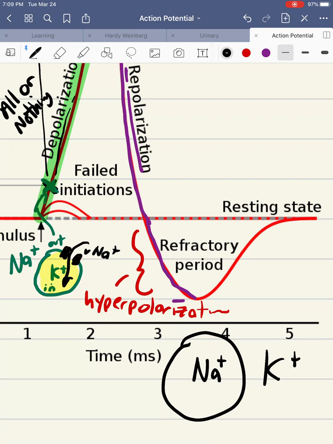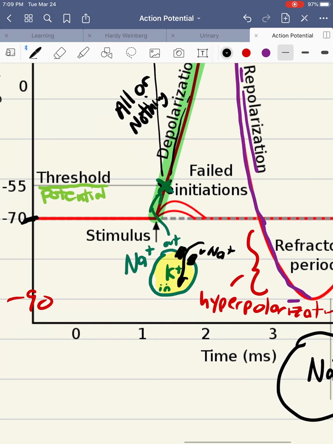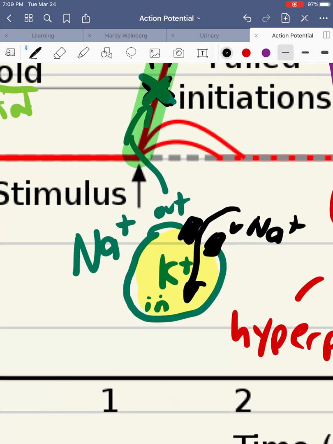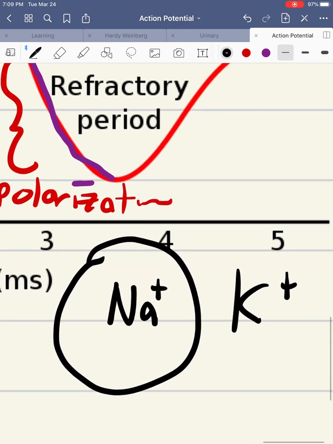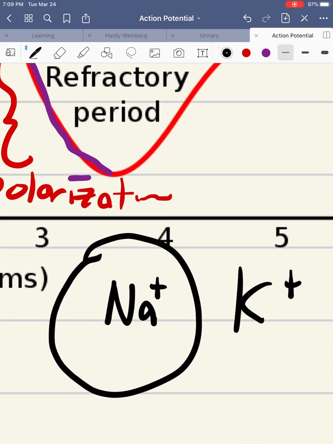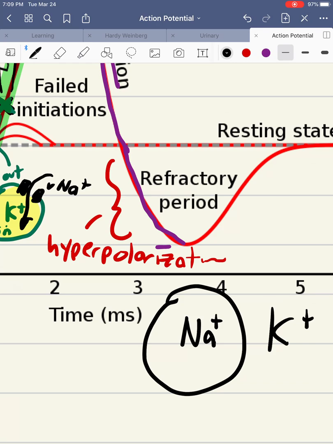And the question is, well, didn't we start off like this, where there's a lot of sodium on the outside of the cell, and there's a lot of potassium on the inside of the cell relative to the outside of the cell? And I'm going to say, yes, we did. So we have to fix this, right? A, the cell is way too negative.